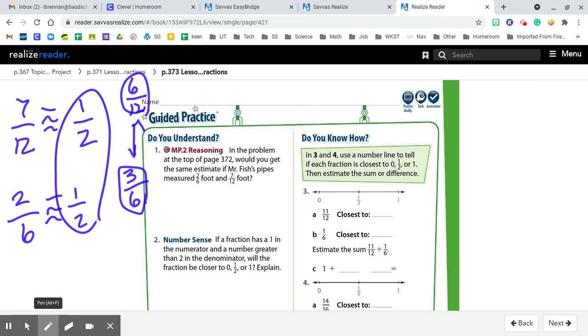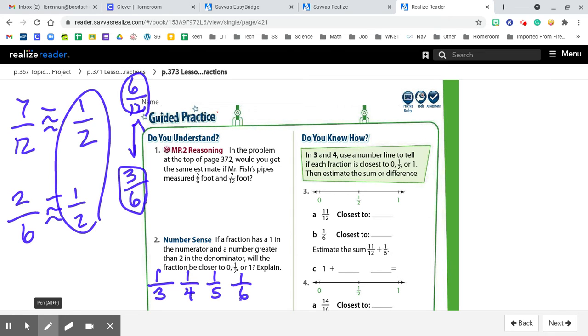And number sense: if a fraction has 1 in the numerator and a number greater than 2 in the denominator, will the fraction be closer to 0, a half, or 1? So let's take a look at some of these.